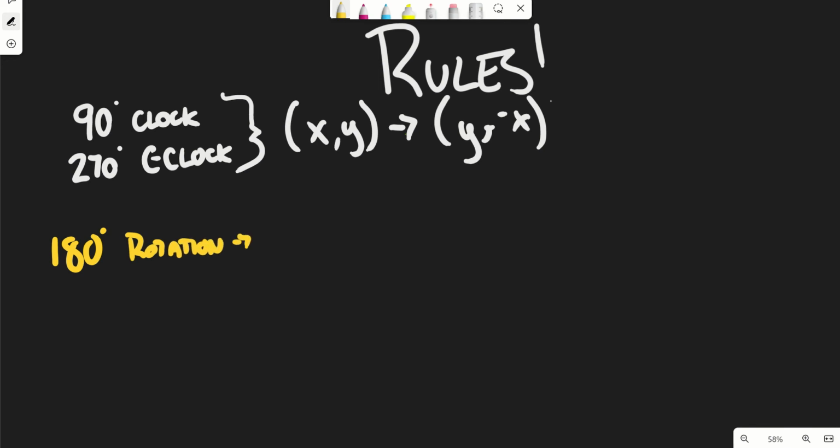And I don't care if it's clockwise or counterclockwise because 180 degrees gets me to the same place. Well, I would say my XY becomes -X, -Y. So both values change if I'm rotating 180 degrees. All right, I promise we are almost there. We will be done so soon.